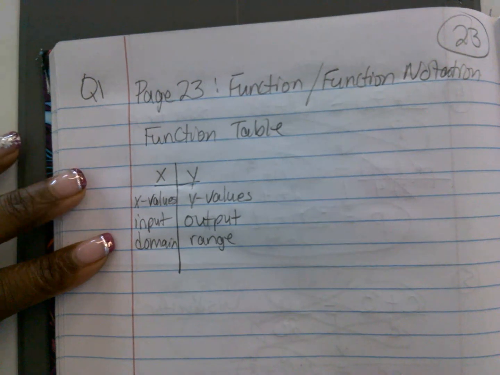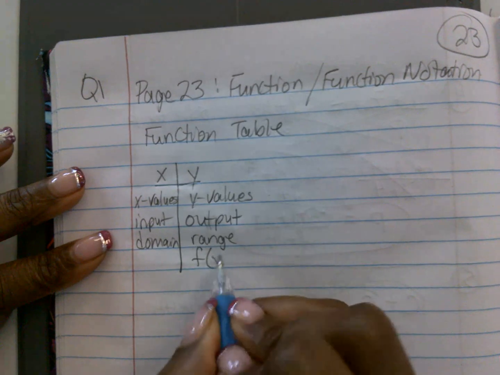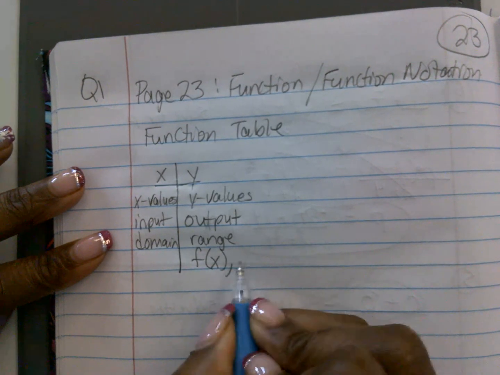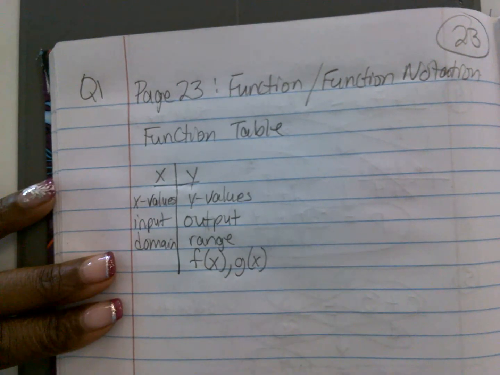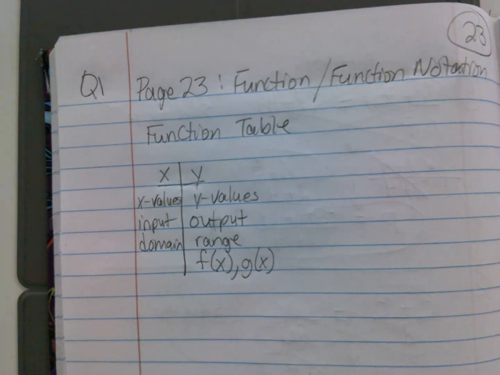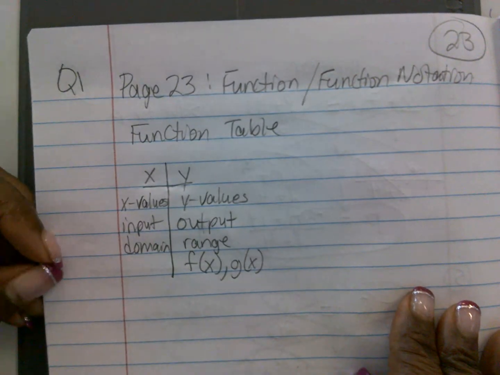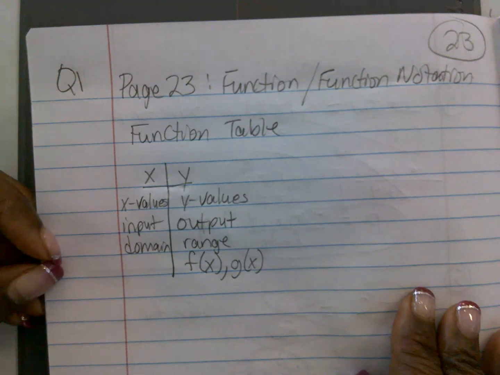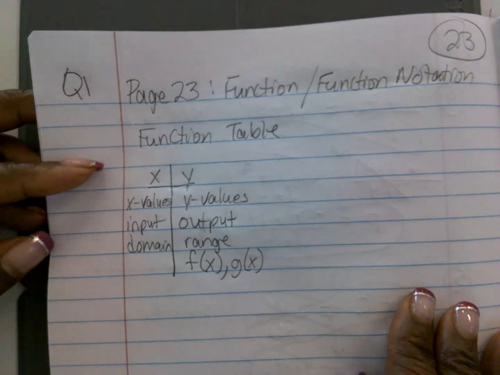And then we'll also learn that our Y values can also be called f of x or g of x or h of x and so on and so forth. Please write that down, that these are synonyms for x. These are different ways to say x. These are different ways to say y. The meaning of x could be our independent variable.